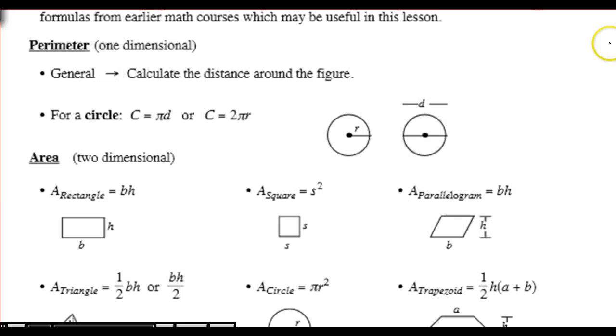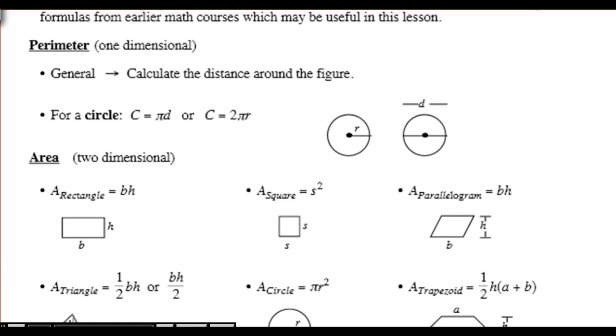We have the perimeter, which is obviously the distance around the shape. So again, if you forgot the equations for the circle, the perimeter of the circle, also known as the circumference, would be pi times the diameter, or 2 times r times pi.